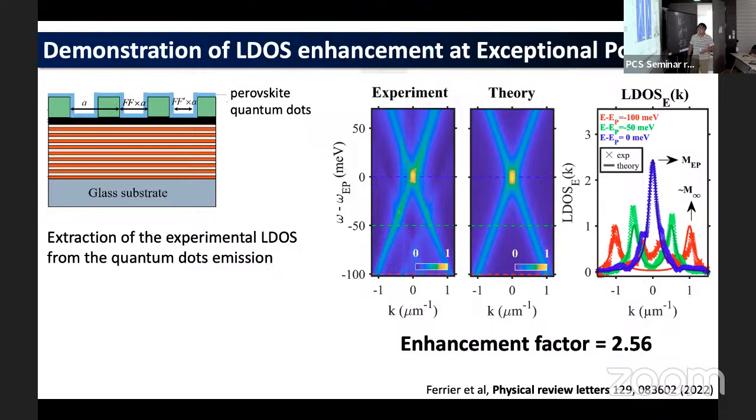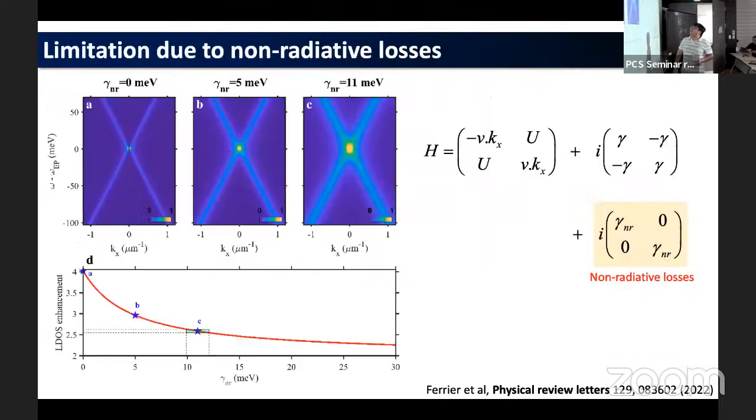Actually, we pay a big price to put emitters here, because the material itself has non-radiative losses. So we add non-radiative losses to the system. If there are no non-radiative losses, then you can see the 2 exceptional points very well. But as soon as you add non-radiative losses, it is broadened and becomes the bright dot.